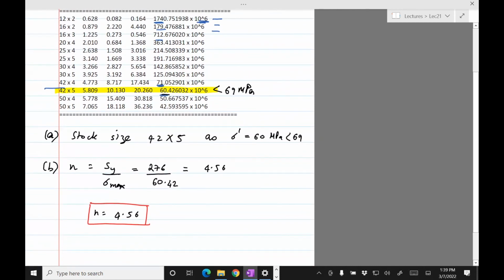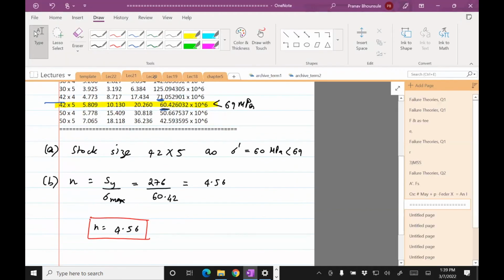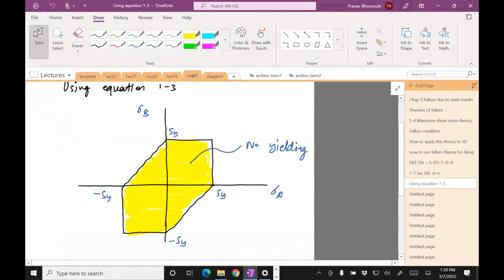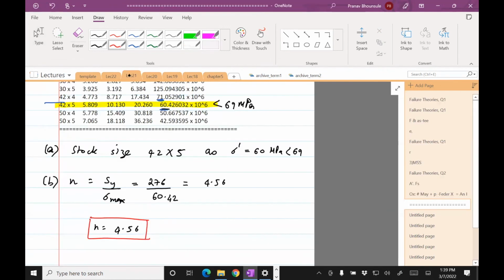Now, one thing to remember, if you've done the problem on stress concentration, is that this is something you want to be mindful of when you design.